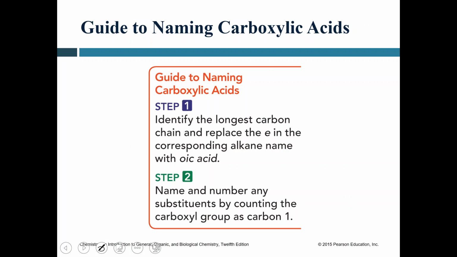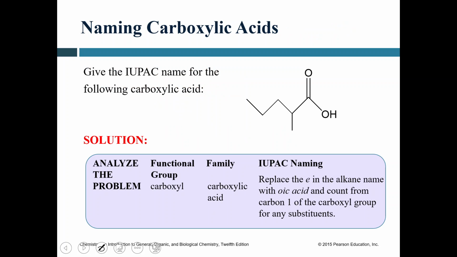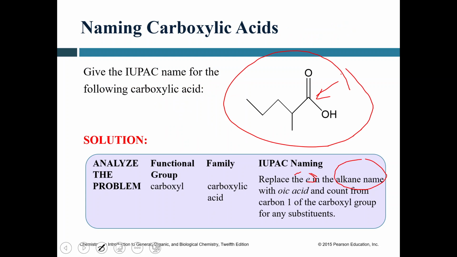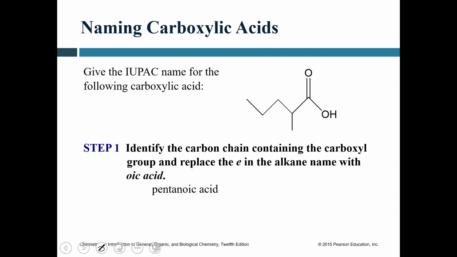So let's take a look at the process of naming a carboxylic acid. Let's say we have this acid. We need to first identify the alkane name, replace the terminal E in the alkane name with oic acid, and count from carbon 1, the carboxyl group, to number any substituents.